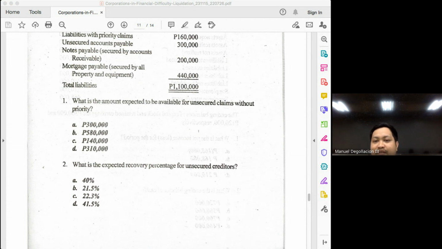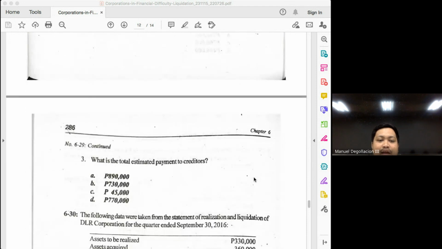Was our net free assets 140, class? Yeah, it was 140 divided by 350. So if you're asked amount available, you're asked for your free assets or simply the total amount available to unsecured liabilities, which means you will include the unsecured portion of your partially secured liabilities. Okay, if it uses the word available.